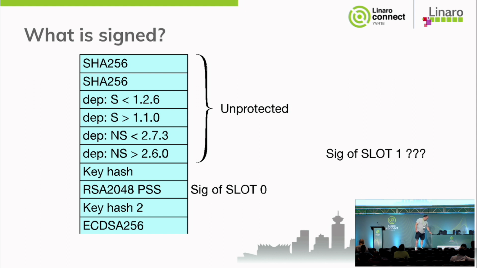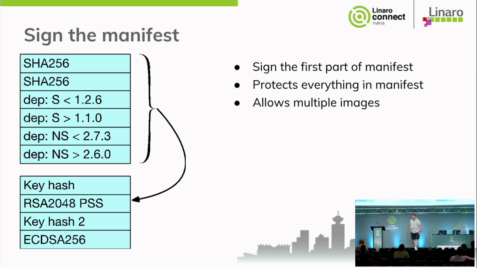There's kind of two solutions to this. The first being we don't do this. We have separate manifests for everything. But the thing that I was proposing is to change the way that the signatures work. So currently we have a signature of the image.